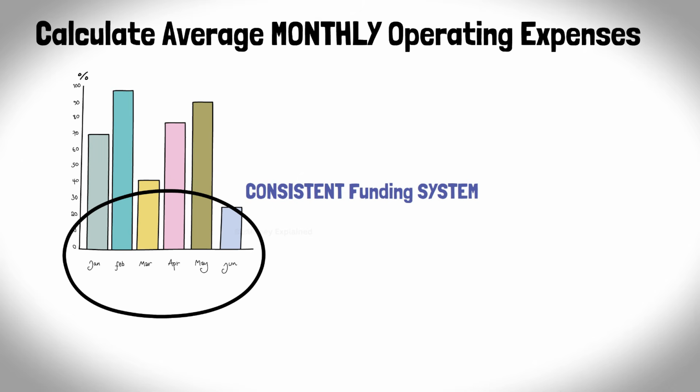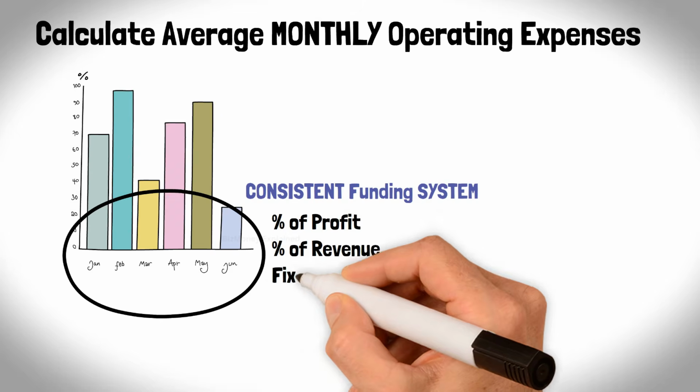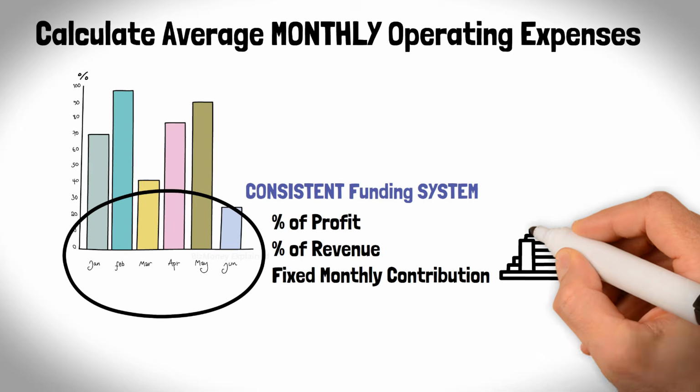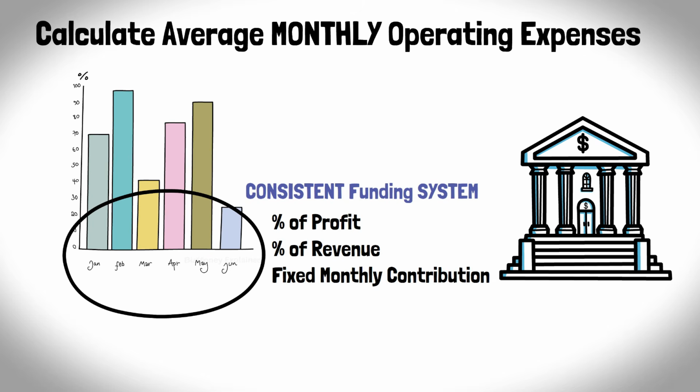Then create a consistent funding system. A percentage of profit, a percentage of revenue, or a fixed monthly contribution can all work effectively. Keep the reserve in a separate business savings account so it is not mixed with daily operating funds. Review the balance regularly and replenish it whenever money is used.